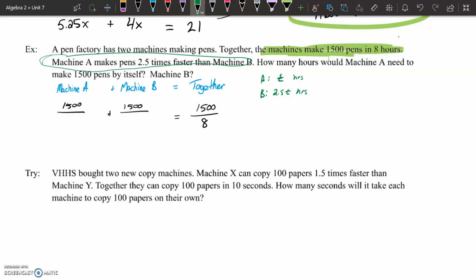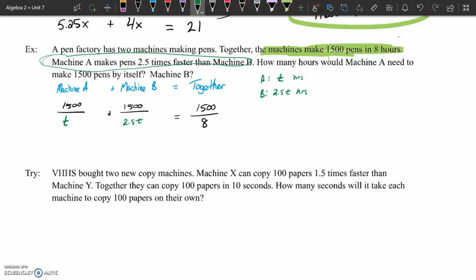Now, a common misconception here is to make it 2.5T for machine A, but that would mean that the amount of time is bigger for machine A, and it should be smaller because that's faster. So when I come up with my ratios here, it's 1,500 over T hours, and for machine B, it's 1,500 over 2.5T hours.